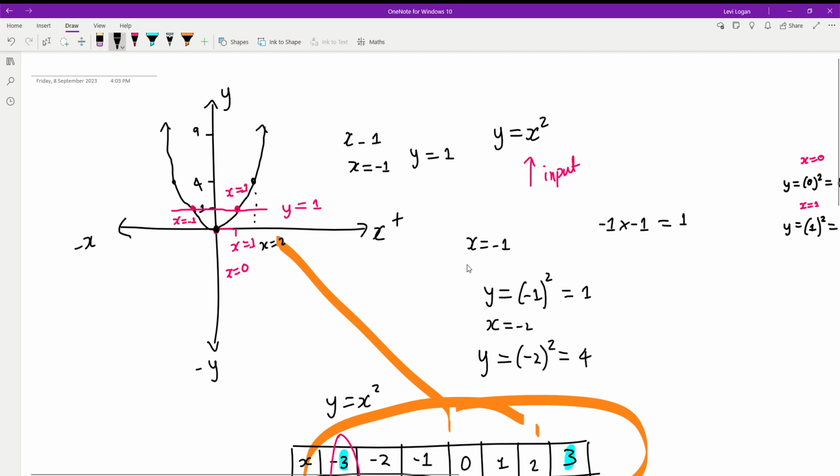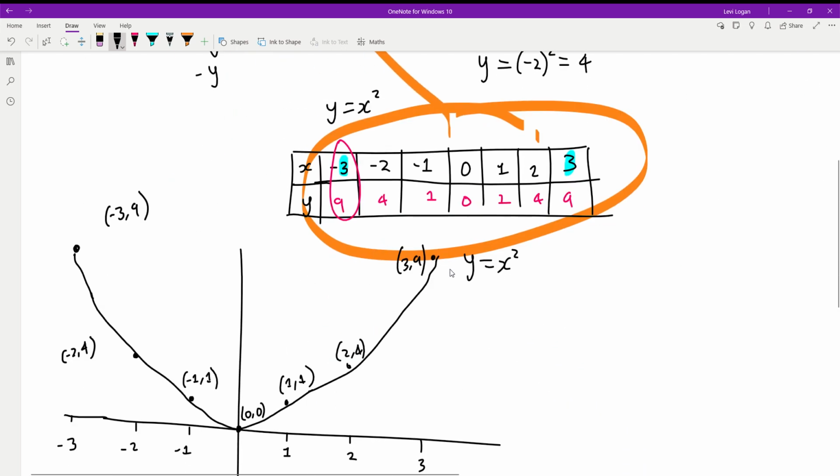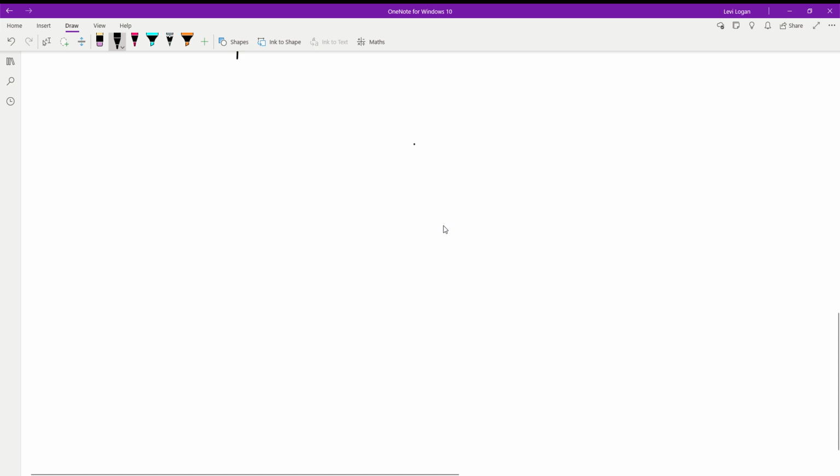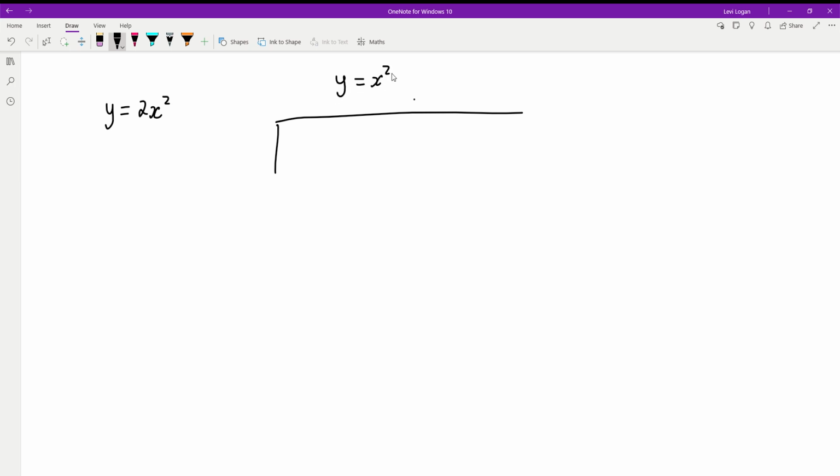What if there's other translations to it? So we can move our function left and right, up and down, and we change its curvature. So let's see what happens if we had y equals 2x squared. So all we're going to do is have our table of values for our normal function here, but we're also going to have a table of values for our new function.